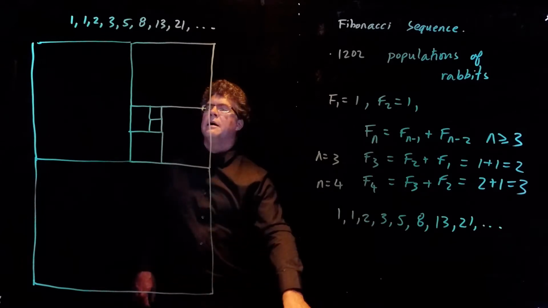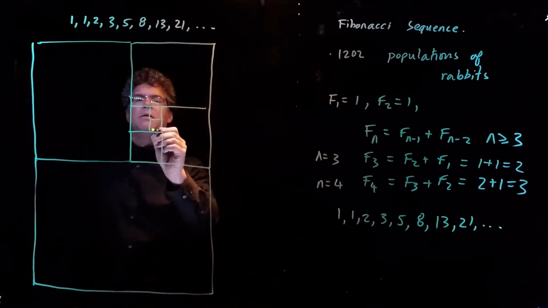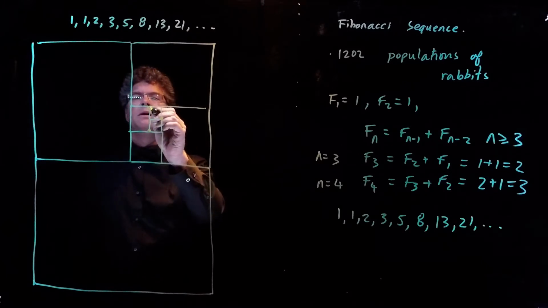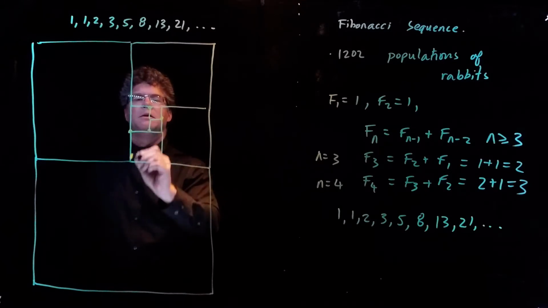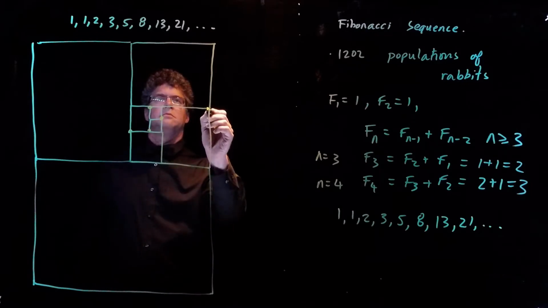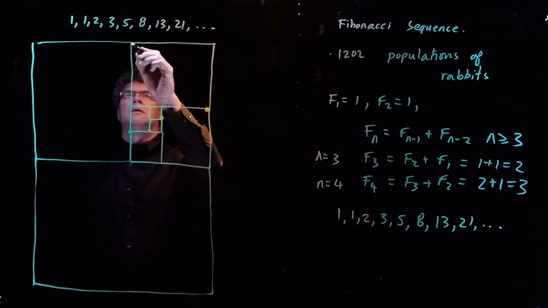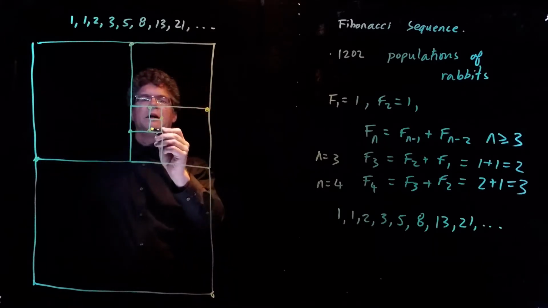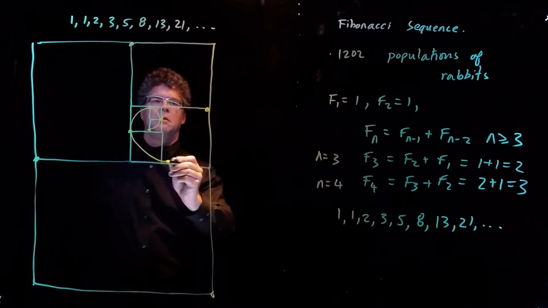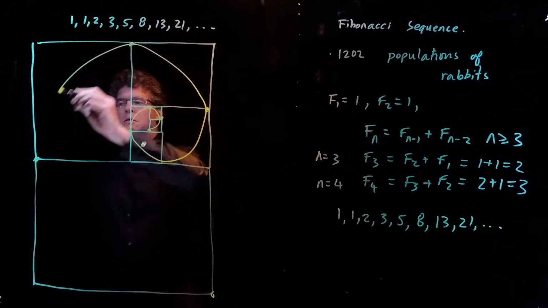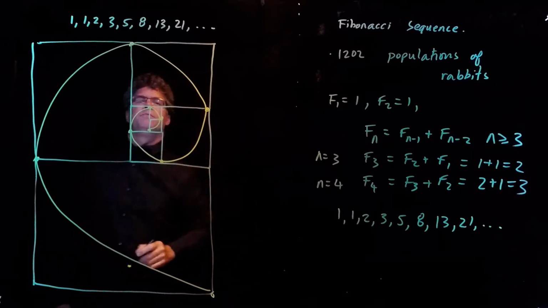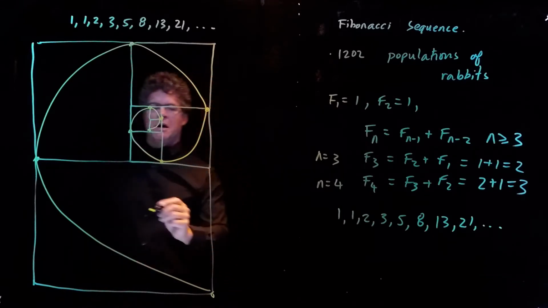If we take the corners here, I draw a little dot on each one that we're interested in here. And if we connect the dots, and there should be a dot there too, we get the Nautilus spiral.